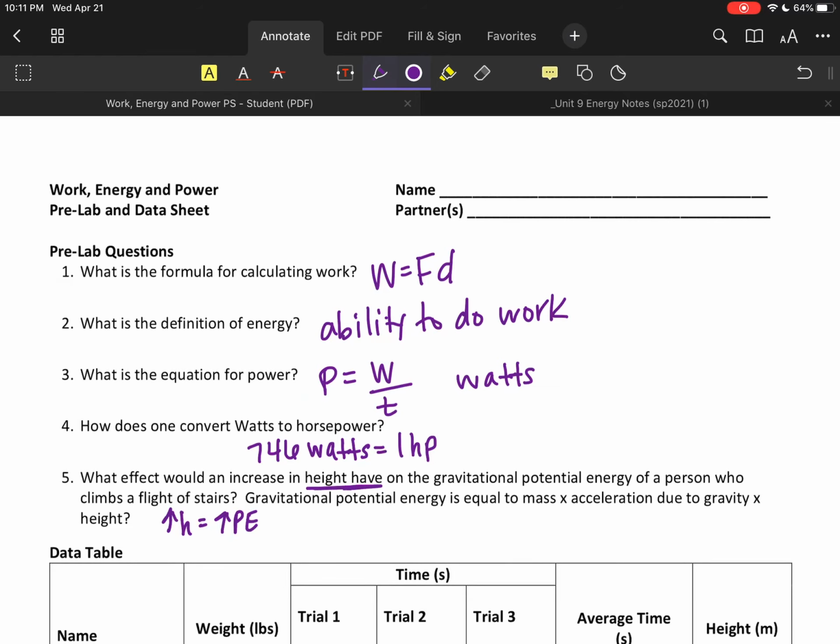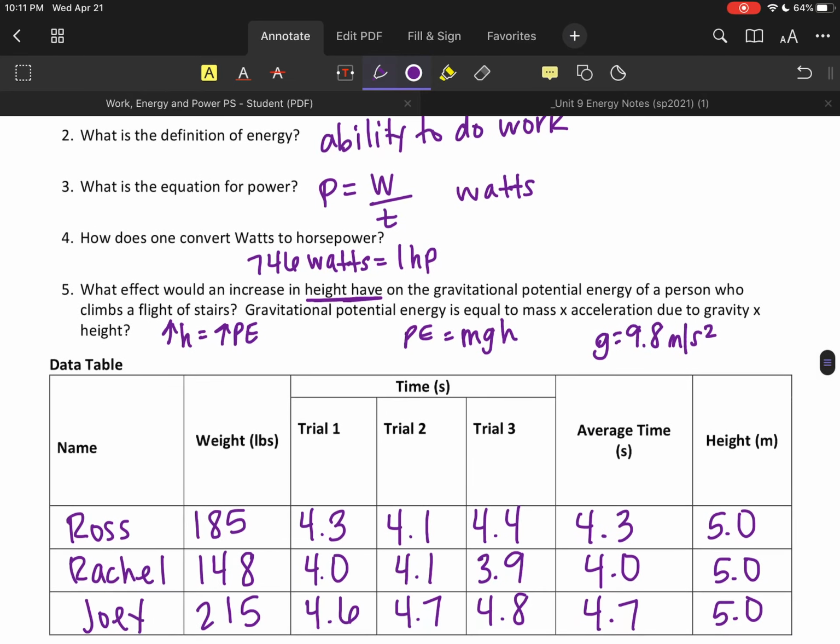We've talked about that quite a bit. And so we know we have a formula. We don't normally write the G for us, but it's mass times the acceleration due to gravity times height. And remember, G is equal to 9.8 meters per second squared. So all we do is plug in our variables for that, right?